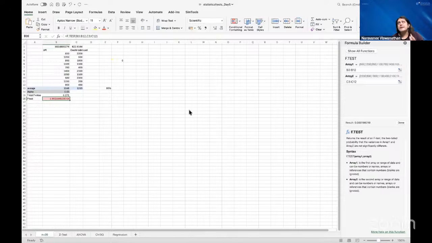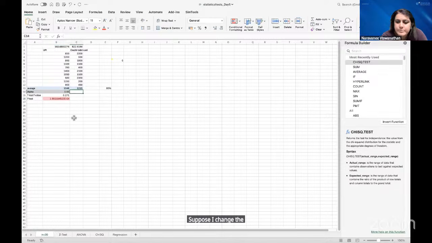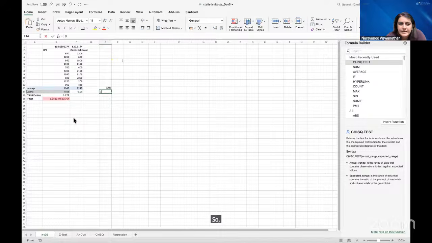Alpha is basically the significance level. Okay, it's 5%. I have set it at 5%. Suppose I change the alpha to be 1%. This is a number that we fix. So at 99%, I'm checking whether this data is different. Now you look at this at 99%.